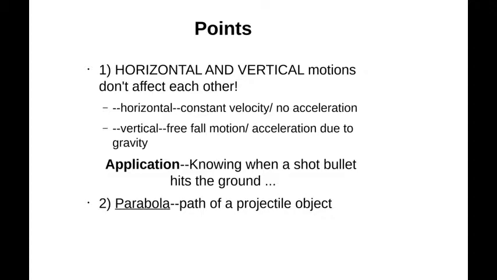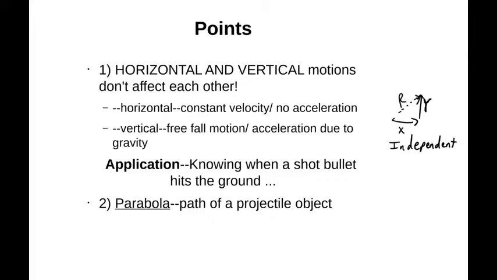Remember, we have two vectors. We have an x and a y. And if you add those two together, you get a resultant, of course. But the x does not affect the y. They're independent. When you add them together, x and y, you get the resultant.